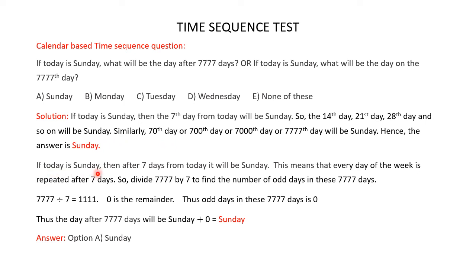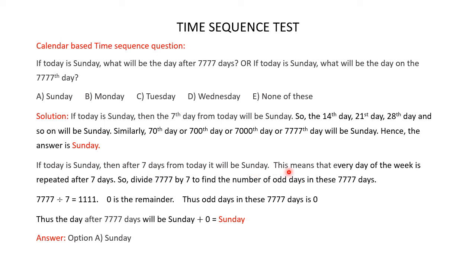Now if today is Sunday, then after 7 days from today, it will be Sunday. That is, if today is Sunday, then after 1 day from today, it will be Monday. After 2 days from today, it will be Tuesday, and so on. So after 7 days from today, it will be Sunday again.